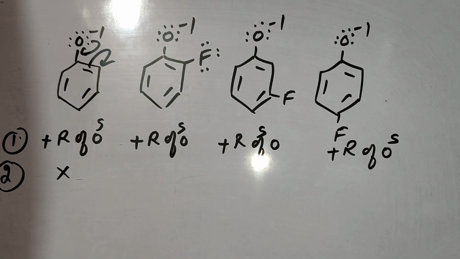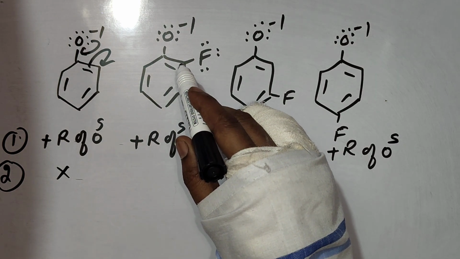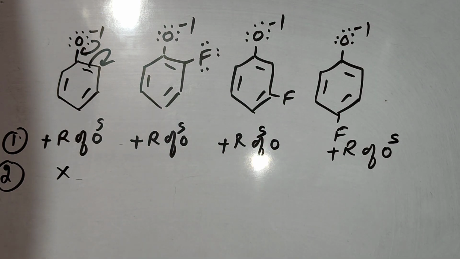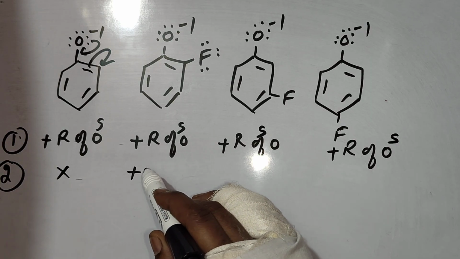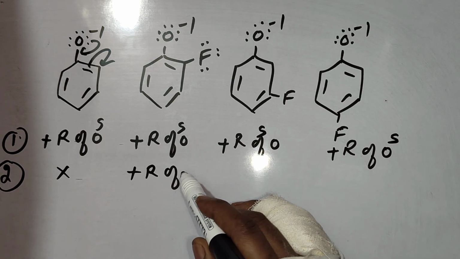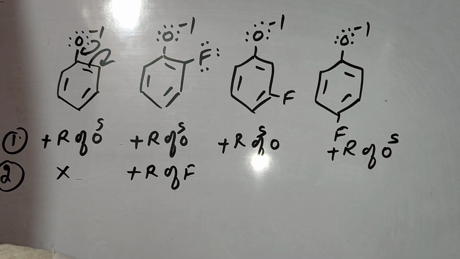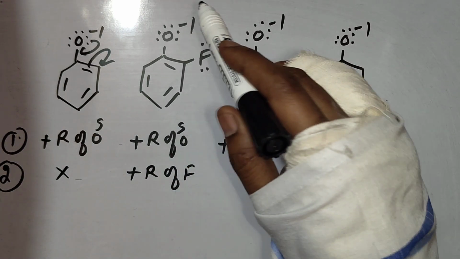Now fluorine directly attached to benzene ring carrying lone pair means it is able to show plus R effect, and which is on ortho position. So plus R effect is possible here. Plus R of fluorine. Now plus R of fluorine will try to destabilize or stabilize. Destabilize.